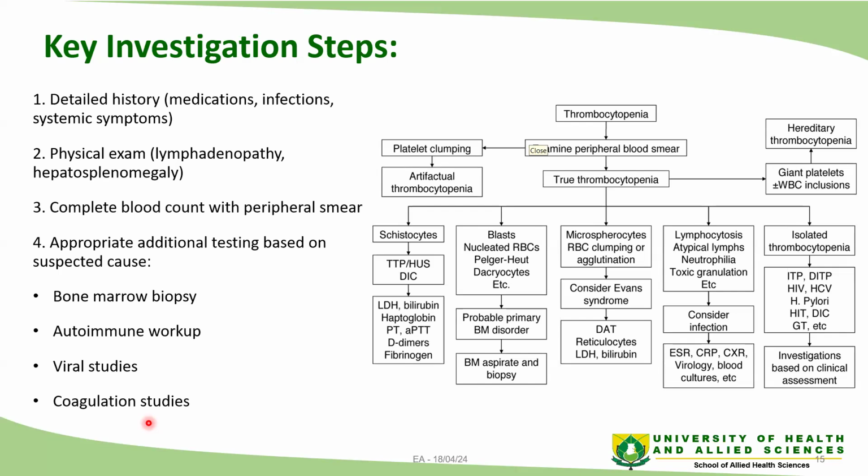And then a physical exam would also be important, where you look out for lymphadenopathy and hepatosplenomegaly. Then, of course, carrying out the complete blood count and additionally examining the blood film is also important.